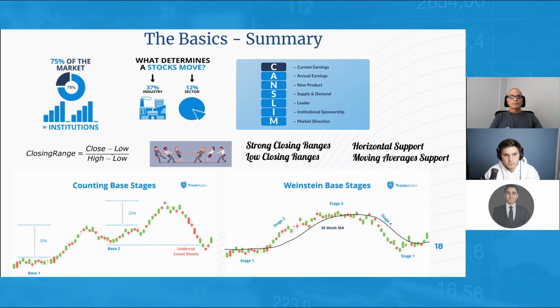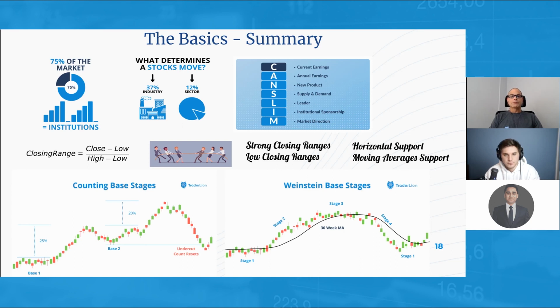We want to see how the bar closes on a daily time frame and the weekly time frame. The weekly is a little bit more important once the market direction is in a correction. So the close is important. If you take away anything from the price and volume basics section, make sure you're looking at the closing ranges relative to what the market is doing.